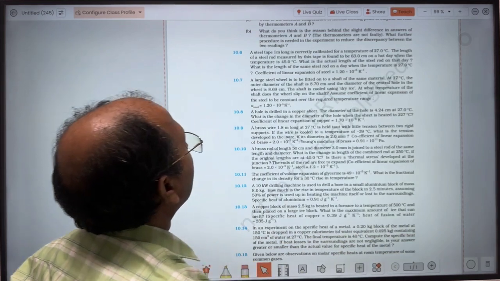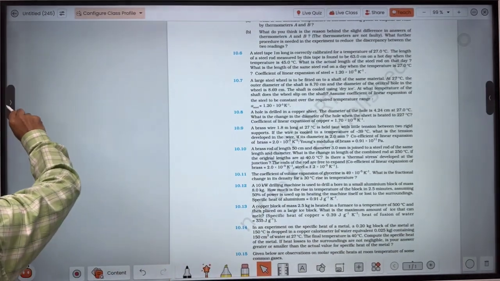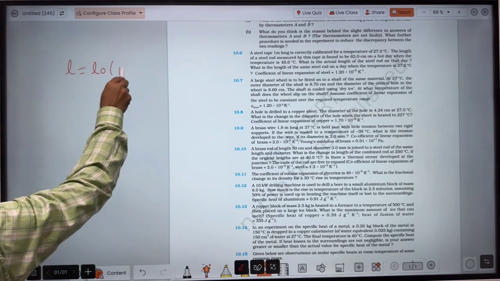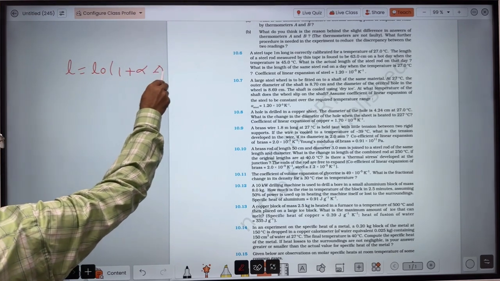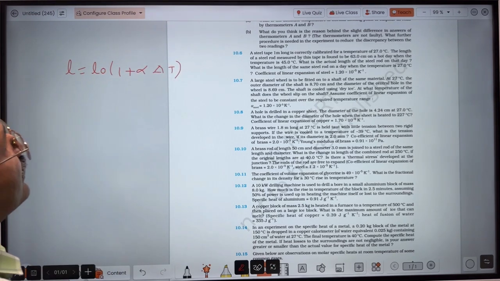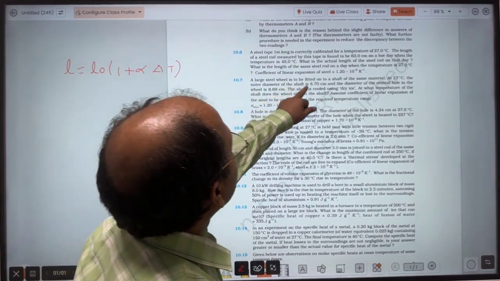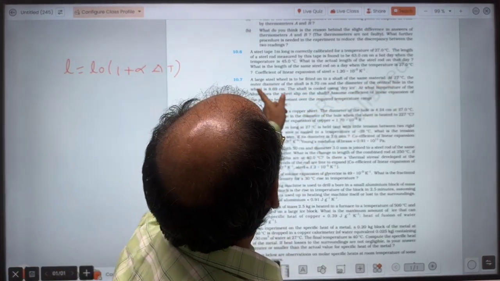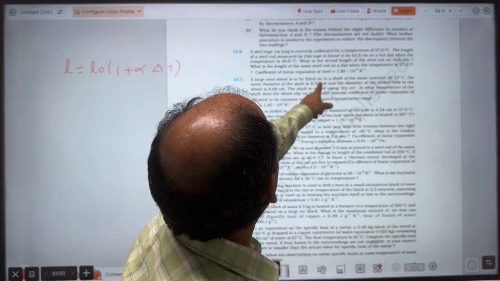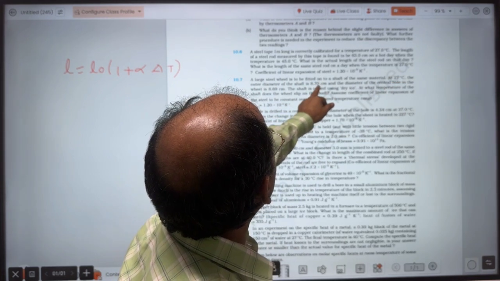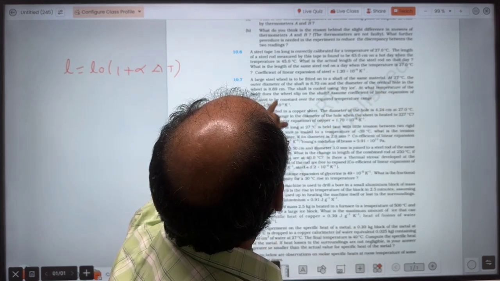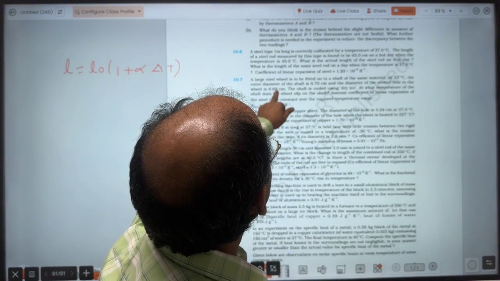The question is again based on the same rule. The rule says L equal to L0 (1 plus alpha delta T). So here a large steel wheel is to be fitted to a shaft of the same material at 27 degrees centigrade. The outer diameter of the shaft is this much, right? 8.70, and the diameter of the central hole is 8.69 centimeter.